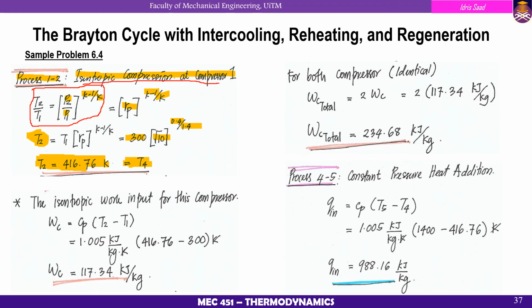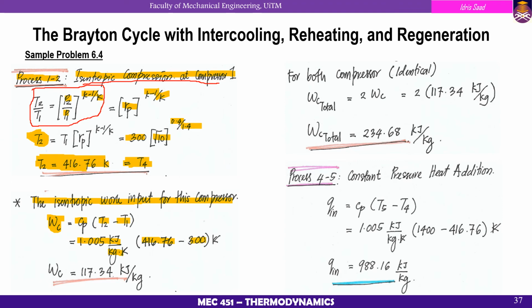Then we can calculate the isentropic work input for this compressor. For one typical compressor, the work is equal to Cp times (T2 minus T1). Substitute all the values: Cp is 1.005 kilojoule per kilogram Kelvin, T2 we just calculated as 416.76, and T1 is given as 300 Kelvin.